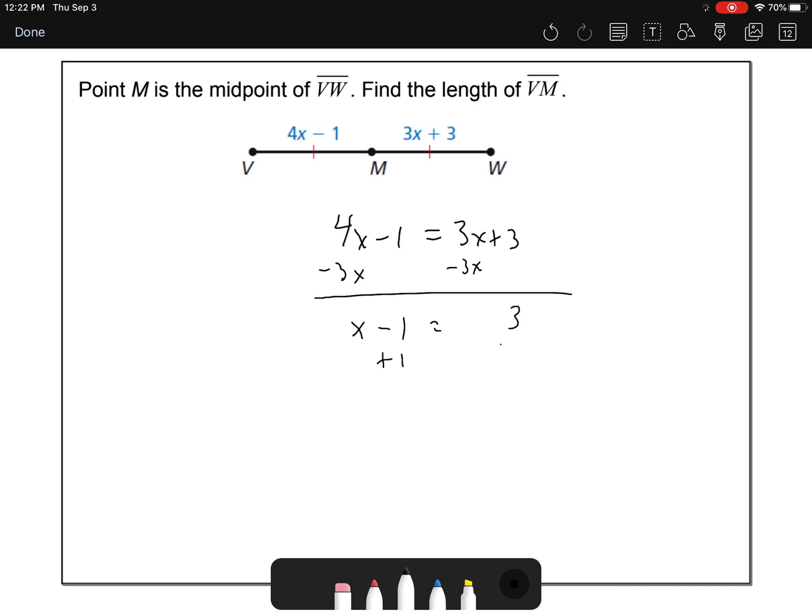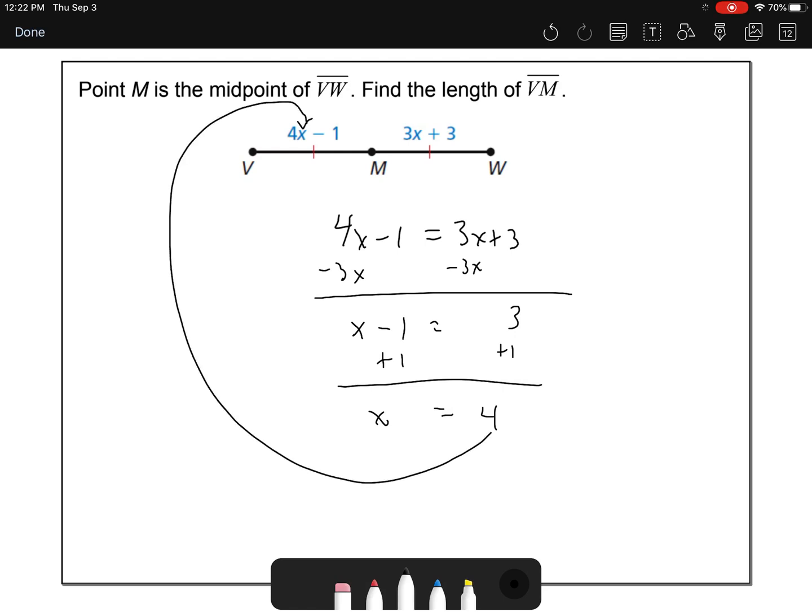So that ends up being x minus 1 equals 3. Add 1. It looks like x is 4. So then I'm going to take 4 and plug it in for x. 4 times 4 is 16, minus 1 is 15, so the length of VM is 15.